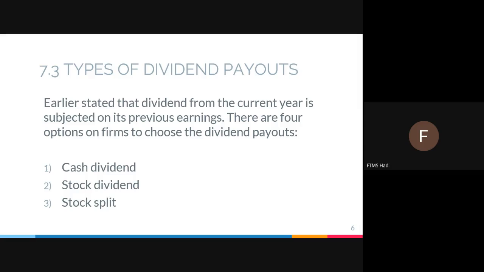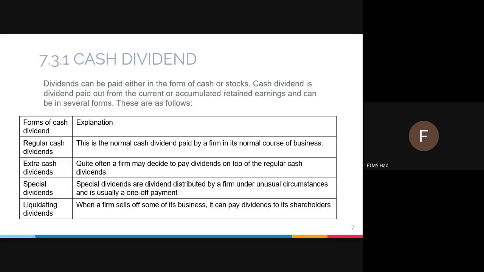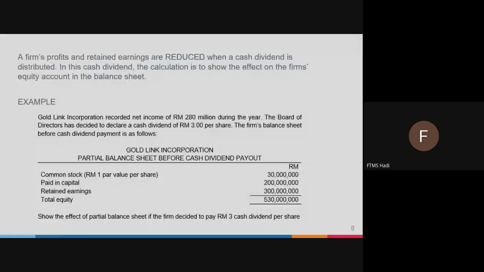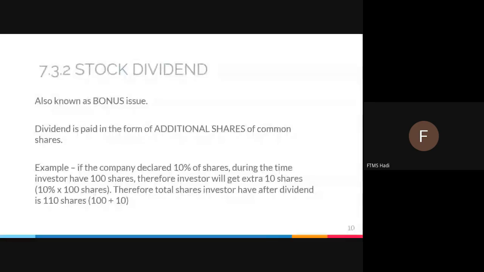Actually there are three, not four. There are three options for firms to choose for dividend payouts: cash dividend, stock dividend, and stock split. Let's have a look at these three types first before we go to calculation. I already inserted this example for you to refer to later.